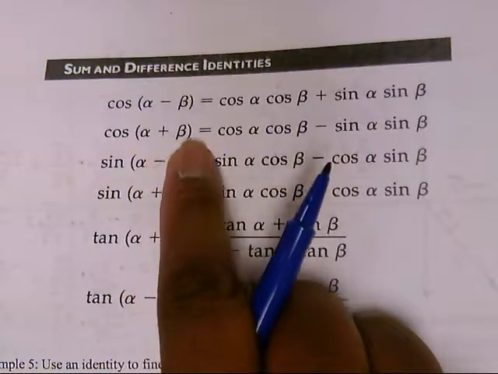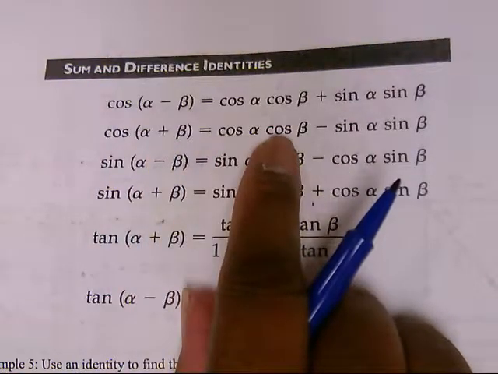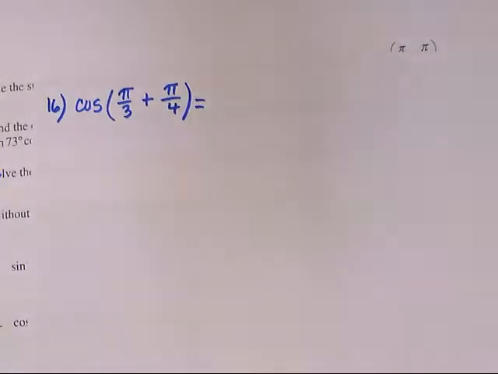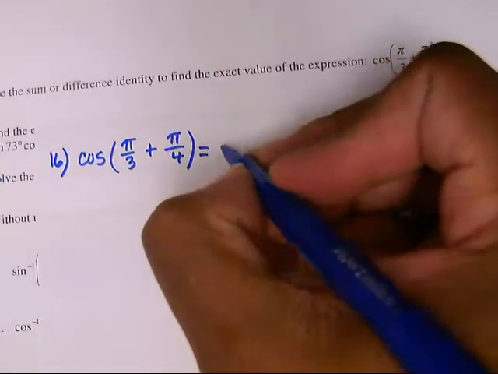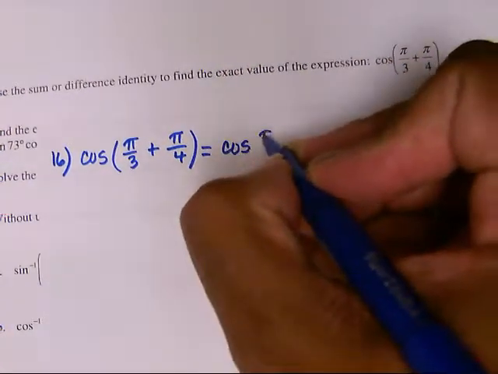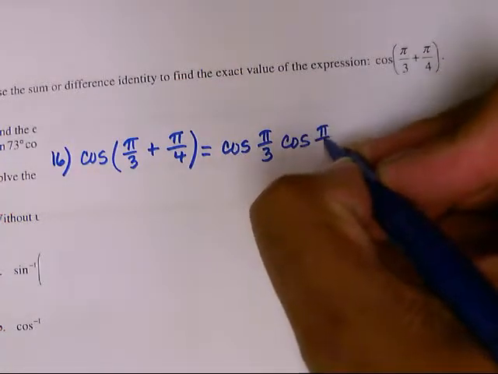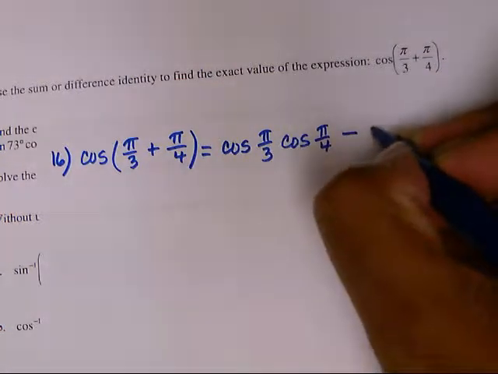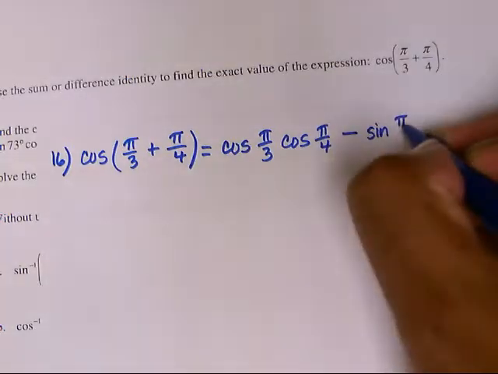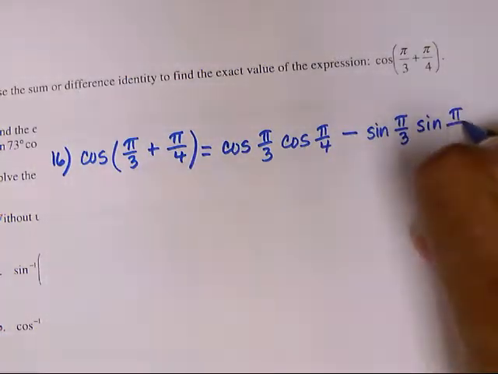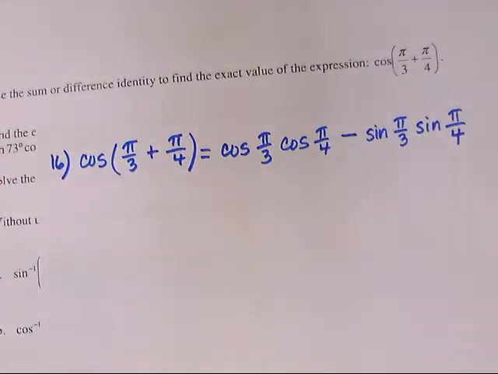Cosine of alpha plus beta is equal to cosine alpha cosine beta minus sine alpha sine of beta. Okay? So, I'm going to write this as the cosine of pi thirds times the cosine of pi fourths minus the sine of pi thirds sine pi fourths.